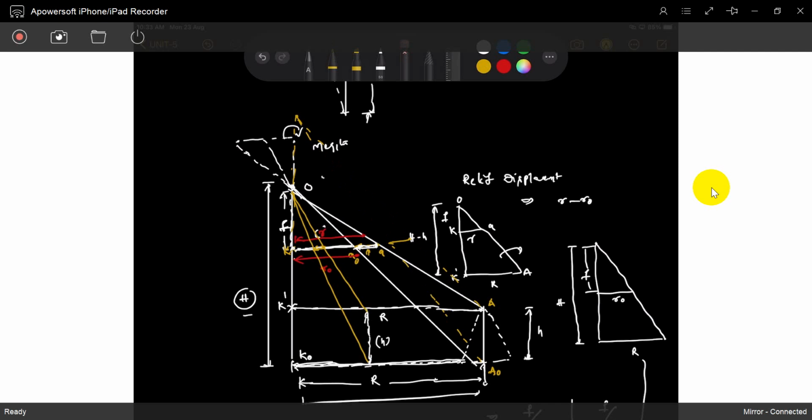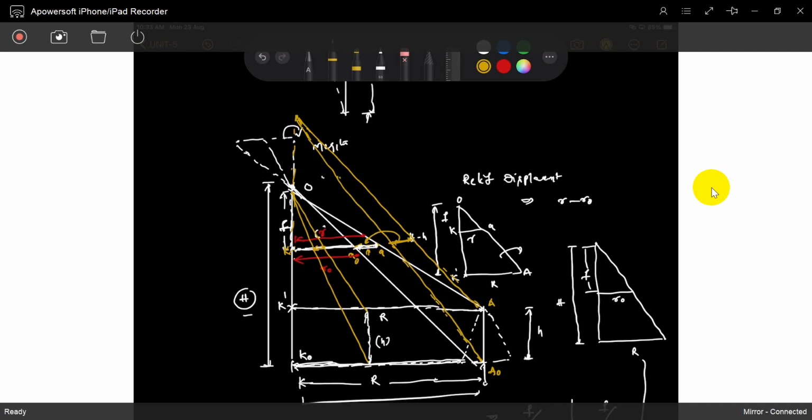Are you observing? That is the meaning. This value is compulsorily decreasing because the height is increasing.